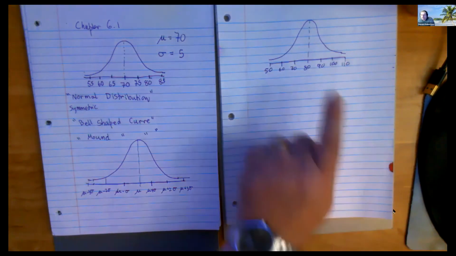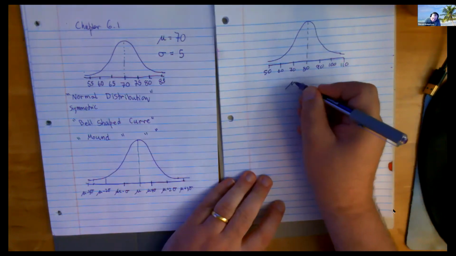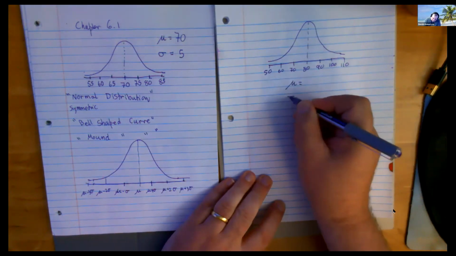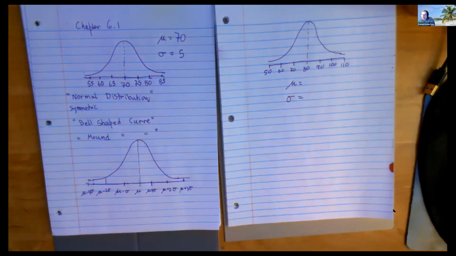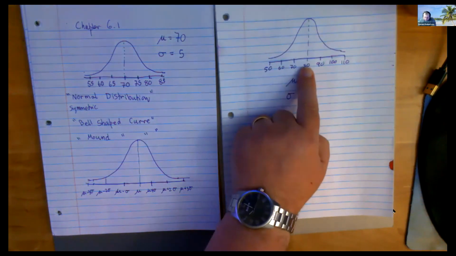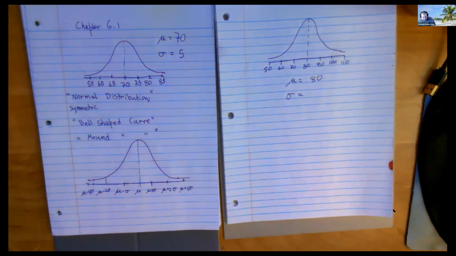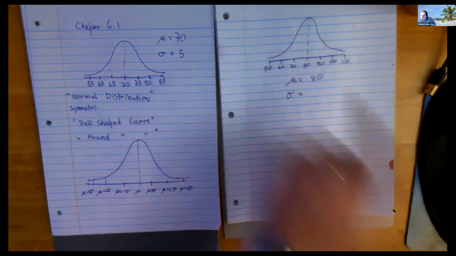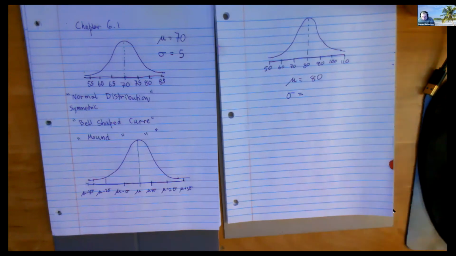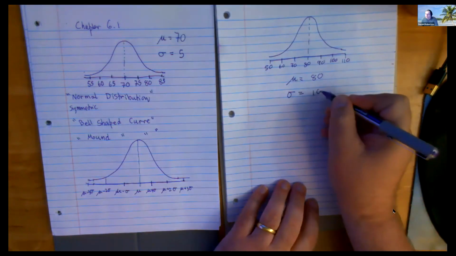And I said, using this picture, can you tell me what the population mean would be and what the population standard deviation would be? And the answer is yes, you should be able to do so. Would you agree that the mean is right in the middle, in this case 80? Now, based on the way that these have been built, do you see they've been built in little chunks of, in this case, 10? Doesn't that tell me that the standard deviation would be 10?